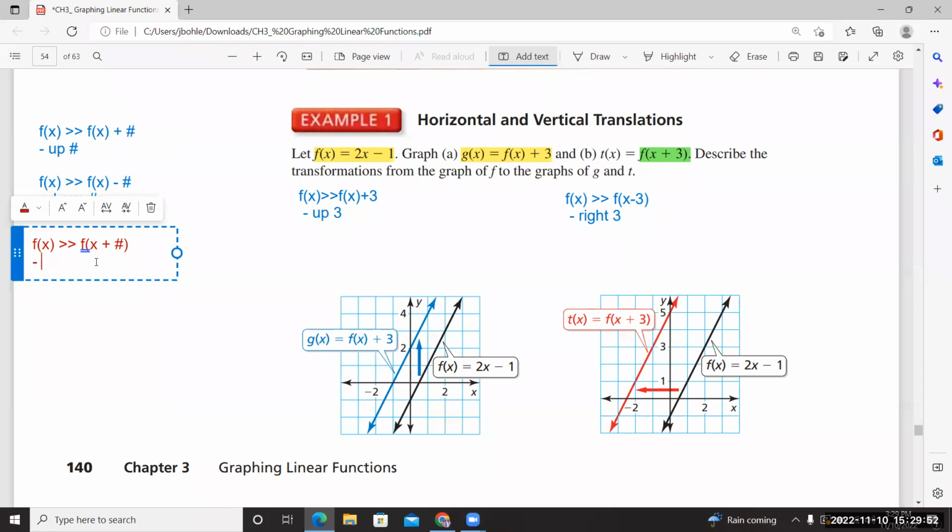If I add a number on the inside of the function notation, that will move it to the left, whatever that number is. If I take that function notation and I minus that number on the inside, well, adding it on the inside moved it left, minusing on the inside will move it right, whatever that number is.